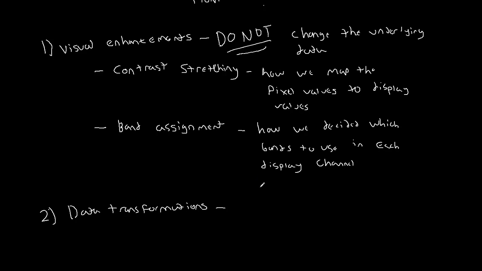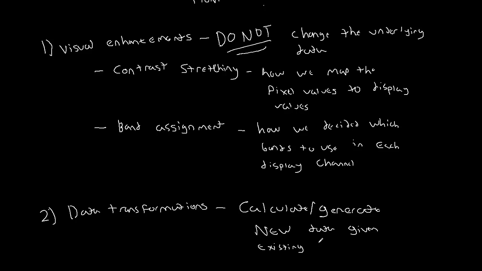But basically what data transformations do is they actually calculate or generate new data given existing data. Right, or put another way, data transformations do actually change the underlying data.